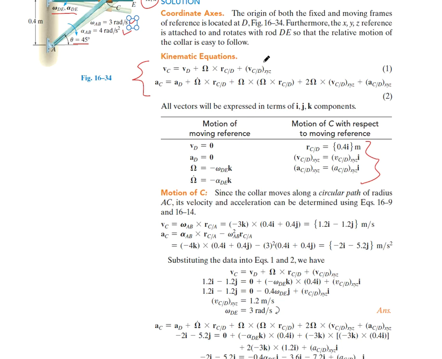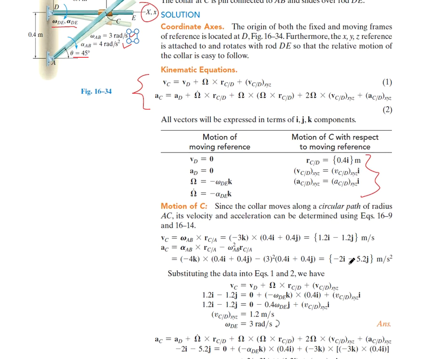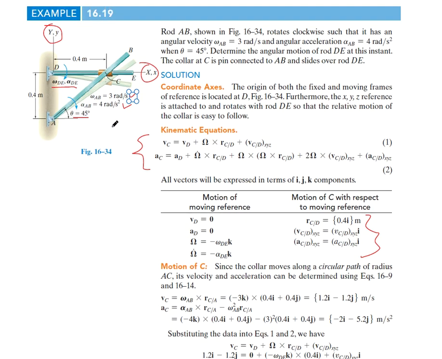Okay, so with this information, equations 1 and 2 from before simplify to these forms, and so let's see, we have velocity of C with respect to D. Okay, so in addition, what we need to do is to add information about the motion of point C with respect to the moving input link AB.